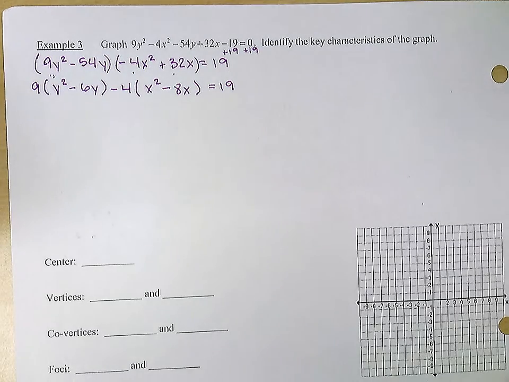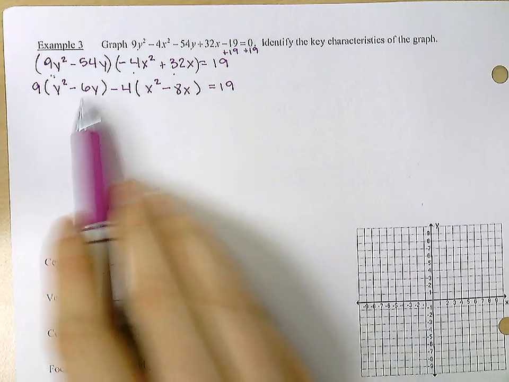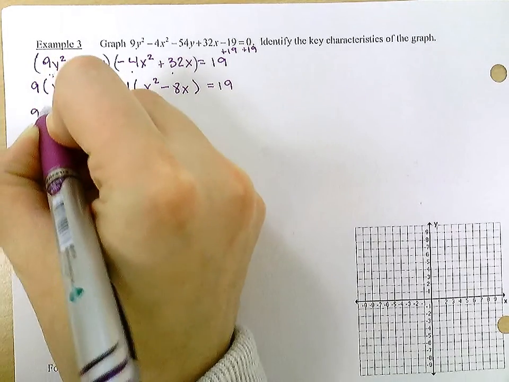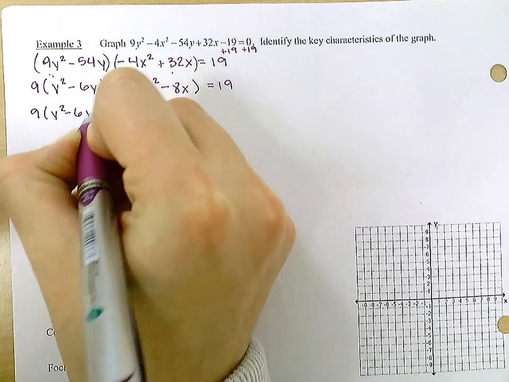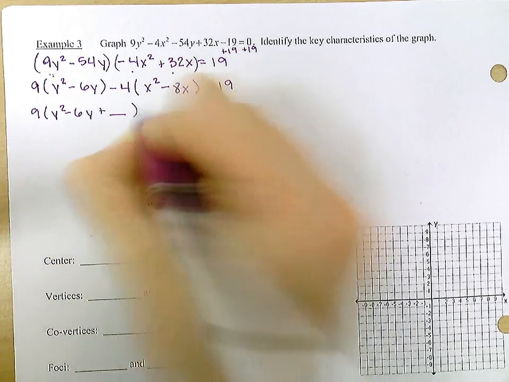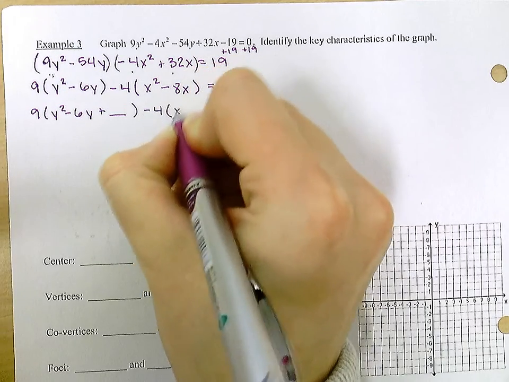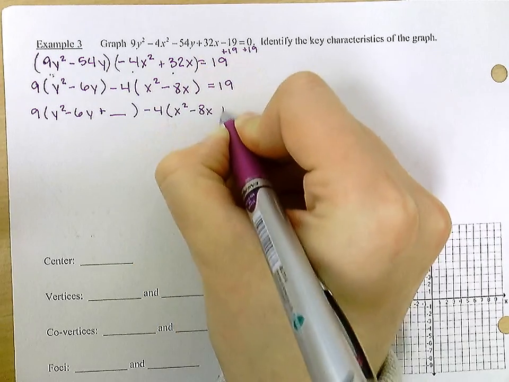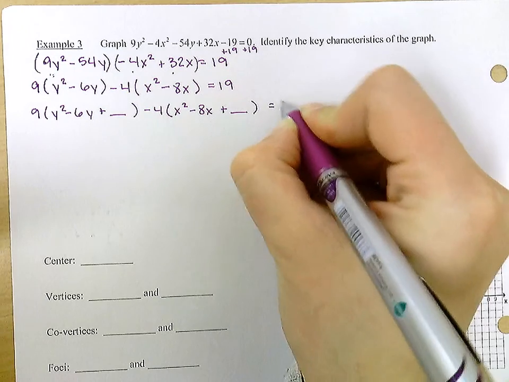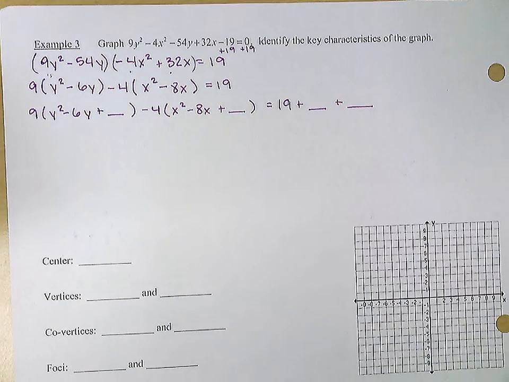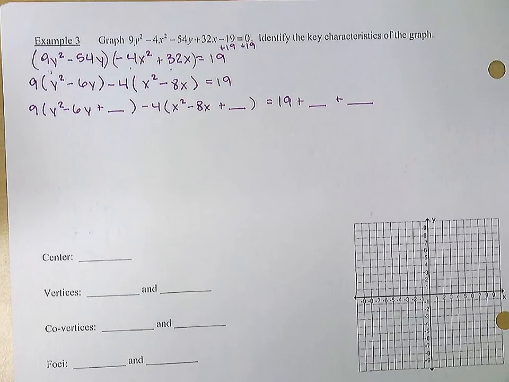Okay, now completing the square for each of these quantities, you do have to add in a value. Okay, so we're going to add in a value to both quantities here. And whatever I do to one side, I have to do the other. Okay?